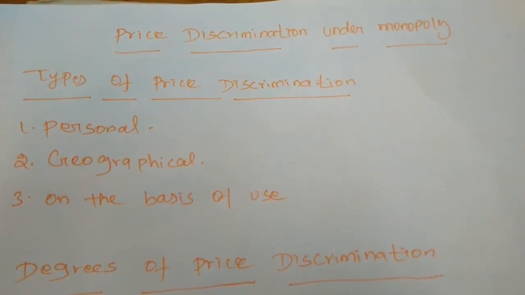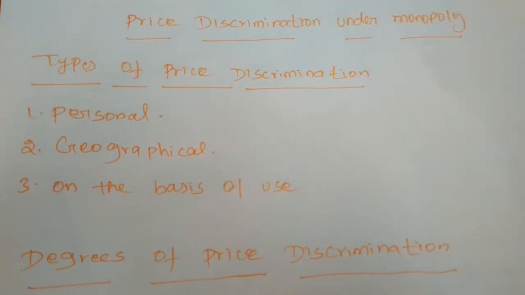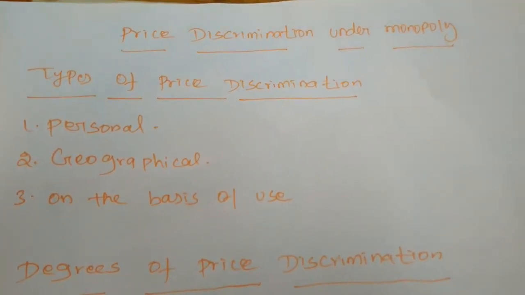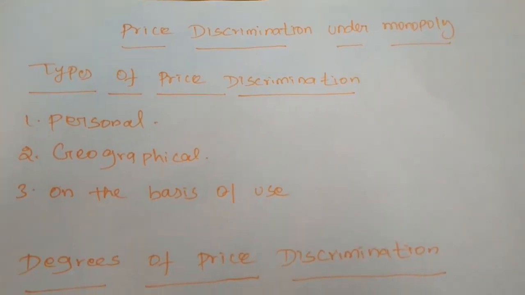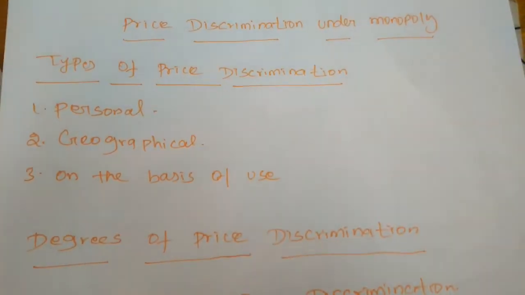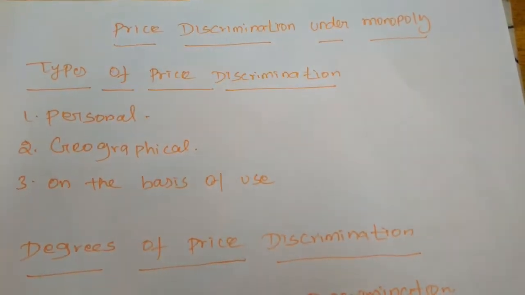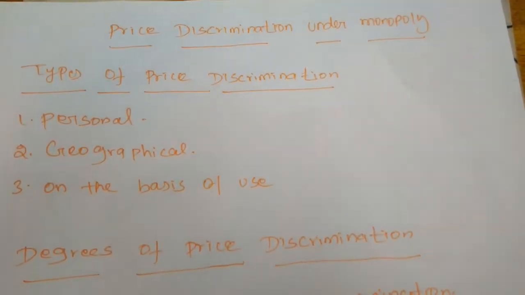If a person is old, he will get some concession. Next, geographical: if demand increases, the price will increase. Next, on the basis of use: depending on the use the product is put to, the price may be different.